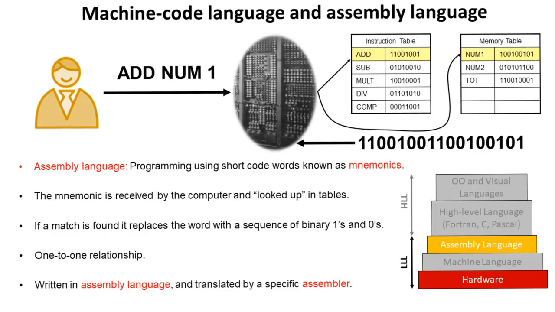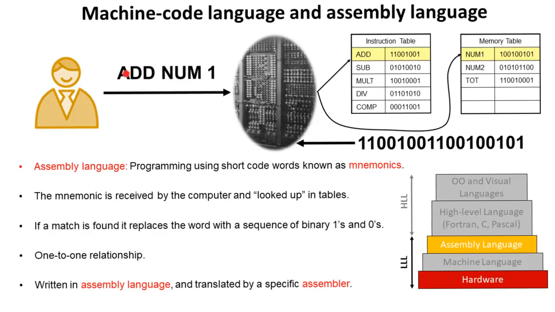Assembly language, as we covered in the last video, is still low level, but there's one extra level of abstraction. It is now something which makes it easier to program. With assembly language, we use short, typically 3-letter words, which represent a unique set of binary ones and zeros. And these short code words are known as mnemonics.